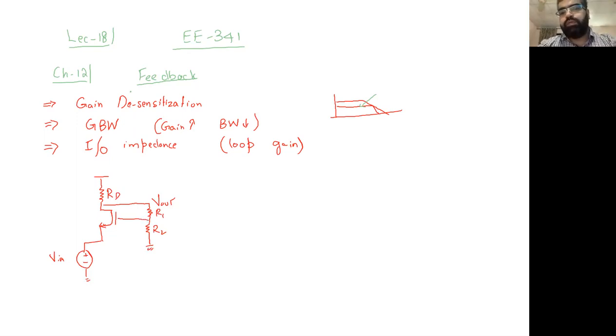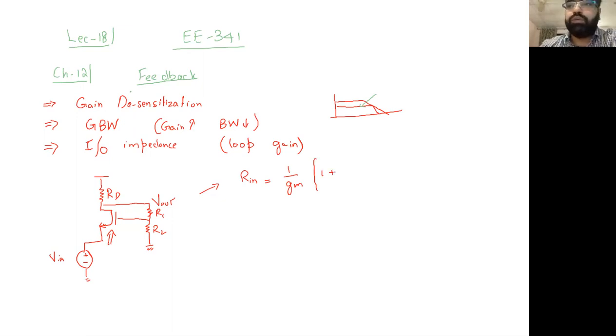When we derived the input and output relation, I will directly write the overall expression we derived. You can look into the last lecture. In an open loop, the input impedance will be 1/gm. But in the closed loop configuration, the input impedance will be enhanced by the loop gain.